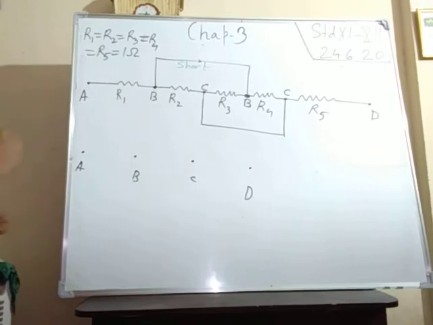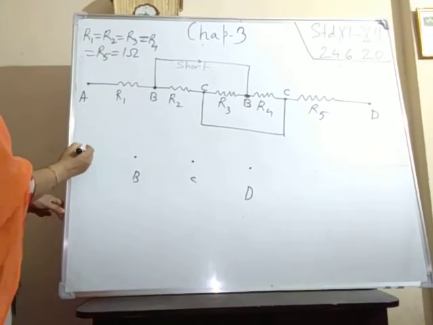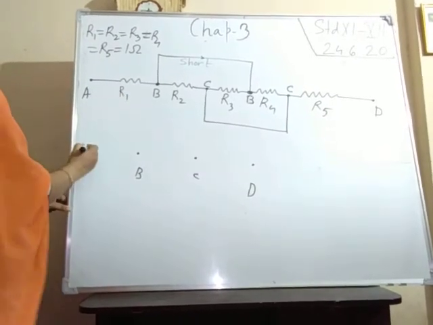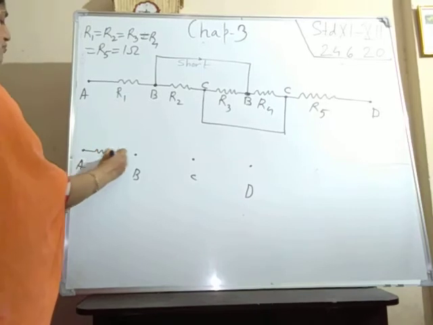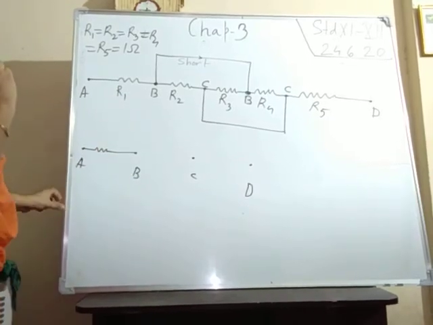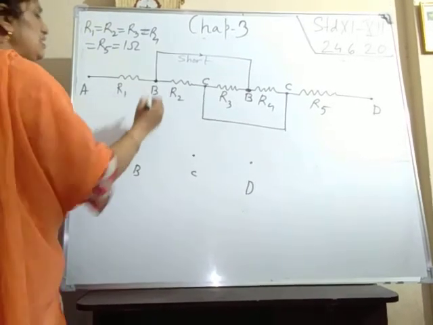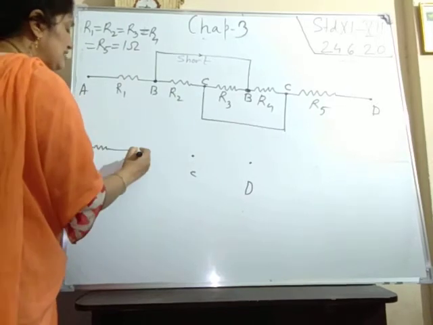Now, from A to B, which resistance is there? R1. R1 is connected from A to B. Now, from B to C, R2 is connected.